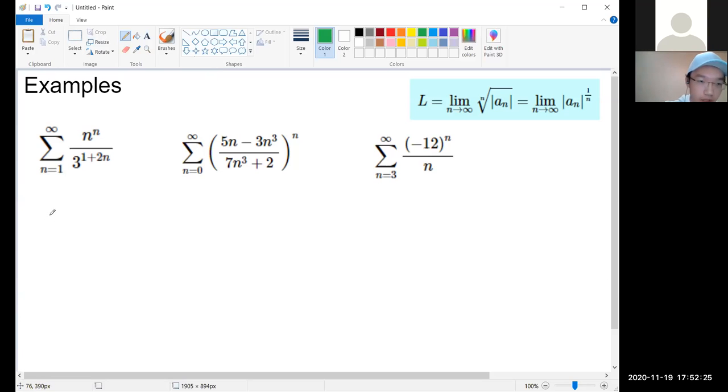So here's a sub n, which is just n to the nth power over 3 to the power of 1 plus 2n. So if we take the absolute value and then take the nth root, what do you get? So let's refresh everyone on how to deal with these exponents.